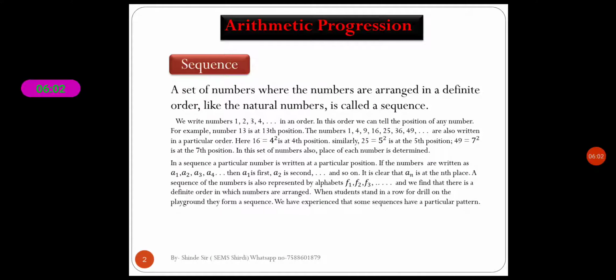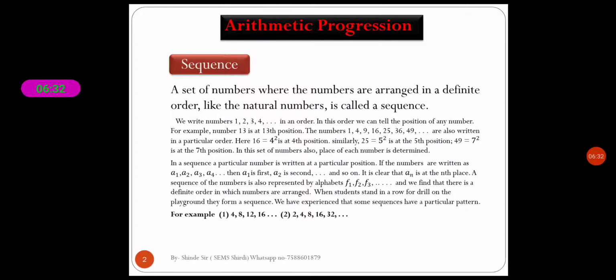Now suppose we see one example. For example, 4, 8, 12, 16, and the second example is 2, 4, 8, 16, 32. In the first sequence, 4, 8, 12, 16, the first number is 4 and the second number is 8.